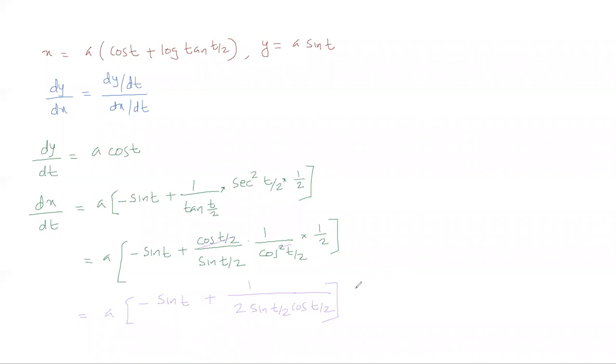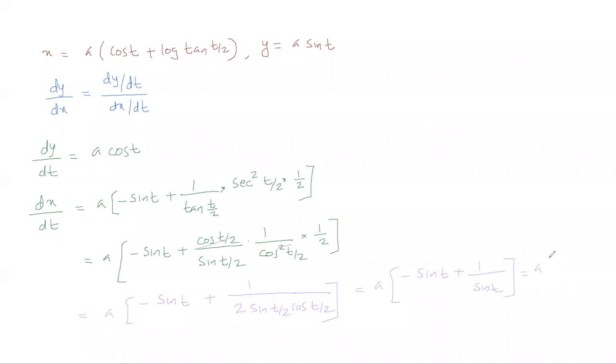So which is equal to a into minus sine t plus 1 by 2 sine theta cos theta is sine 2 theta. So 2 sine theta by 2 cos theta by 2 is sine theta only. So this is sine t.